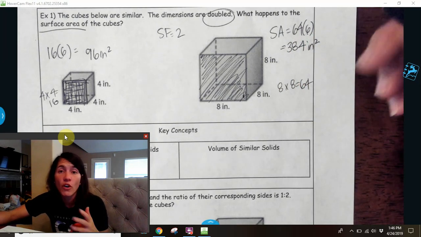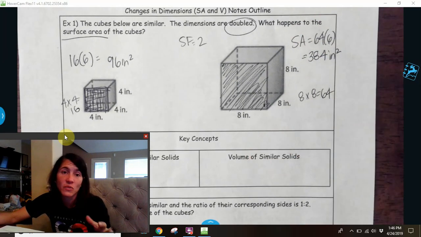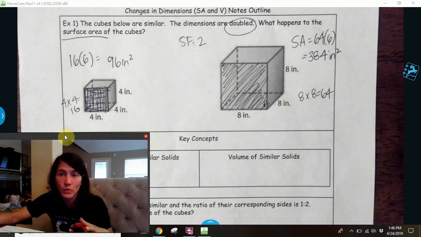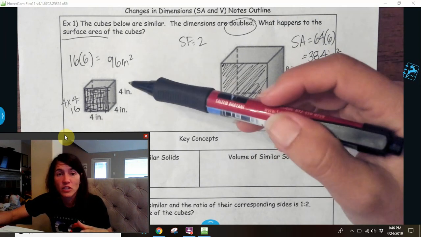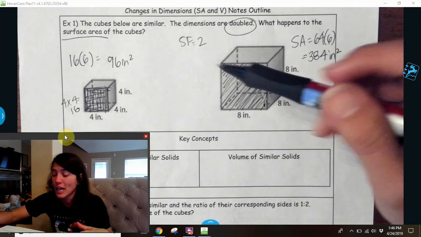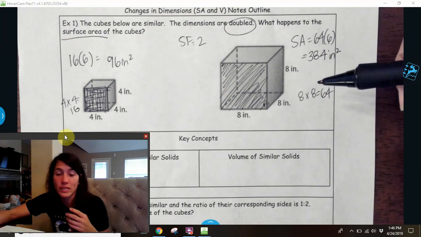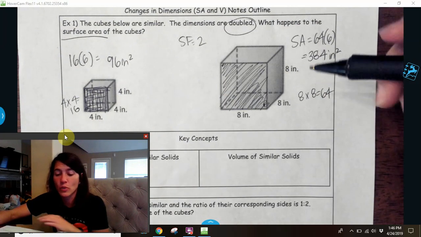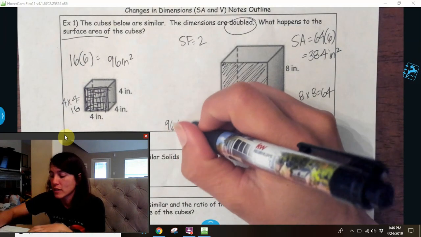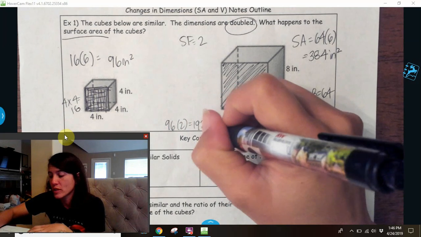So how are the two surface areas related? What happened to the surface area of the smaller cube when the dimensions were doubled? You might think, oh, it doubled. But 96 times 2 is only 192, so it didn't double.